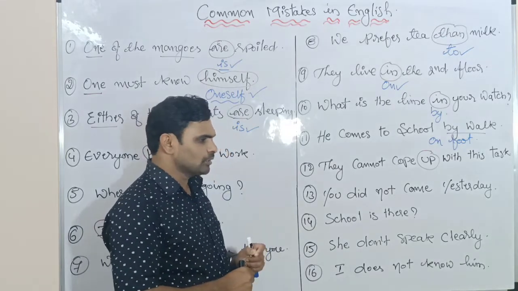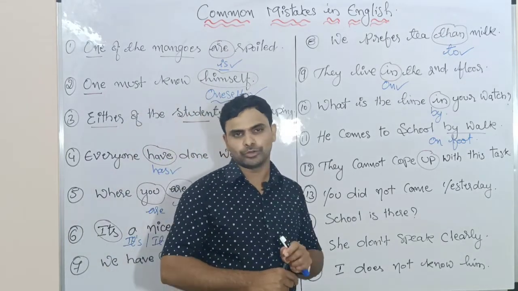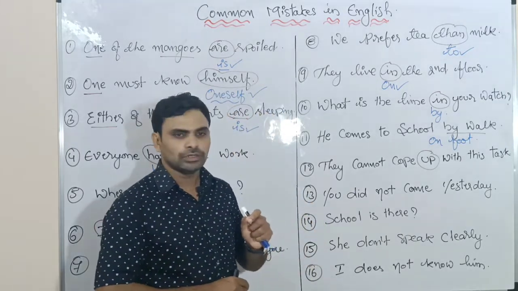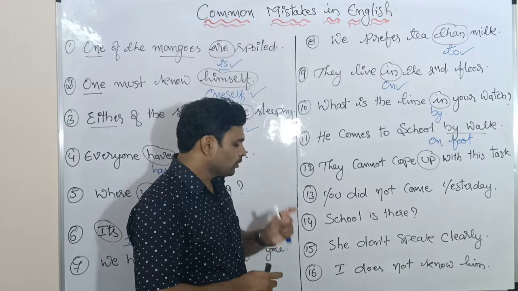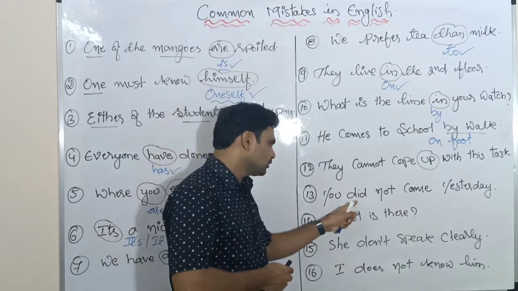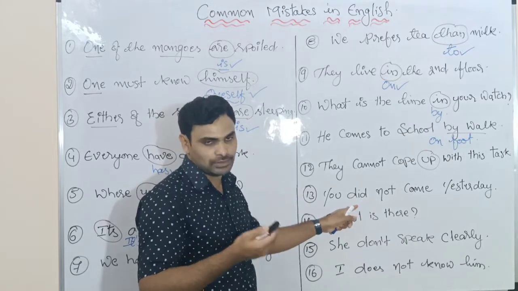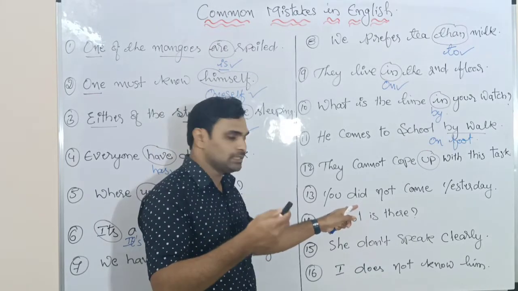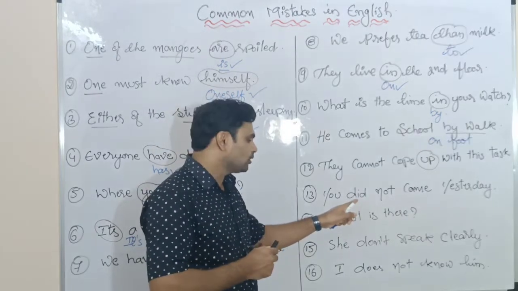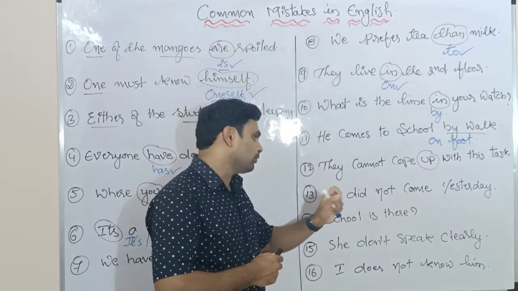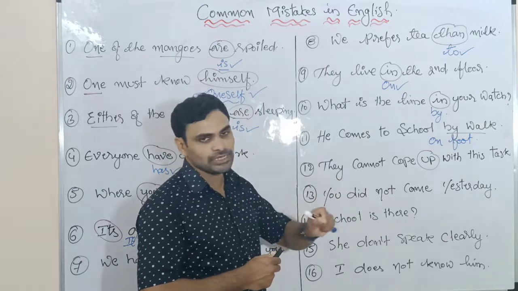Many people use "I did not brought the book", "I did not brought the pencil." No. Whenever we use did, it is already in the past. Do, did, done. So it is verb do. Present verb do, past verb did, past participle done.